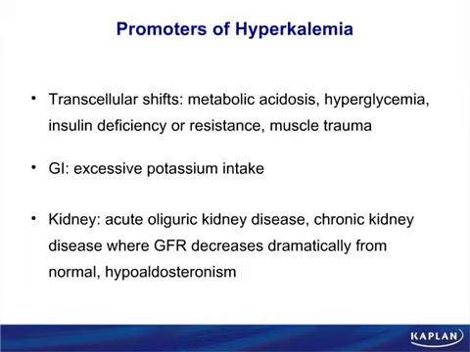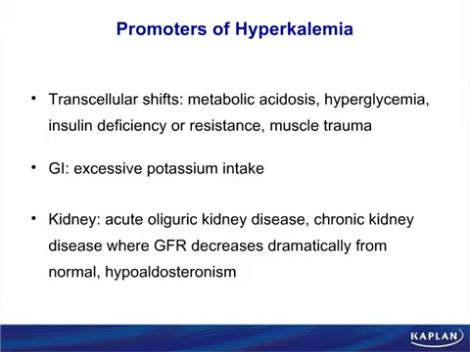When you have rhabdomyolysis and you have lysis of your skeletal muscle, you release potassium. So these are all conditions that can cause hyperkalemia. I want to give you one caveat to this metabolic acidosis, and I'll come back to this later. Remember, the proximal and distal renal tubular acidoses, the proximal and distal RTAs, will actually give you hypokalemia, not hyperkalemia, and that's because of renal losses. Excessive potassium intake is very rare if you have normal kidneys.